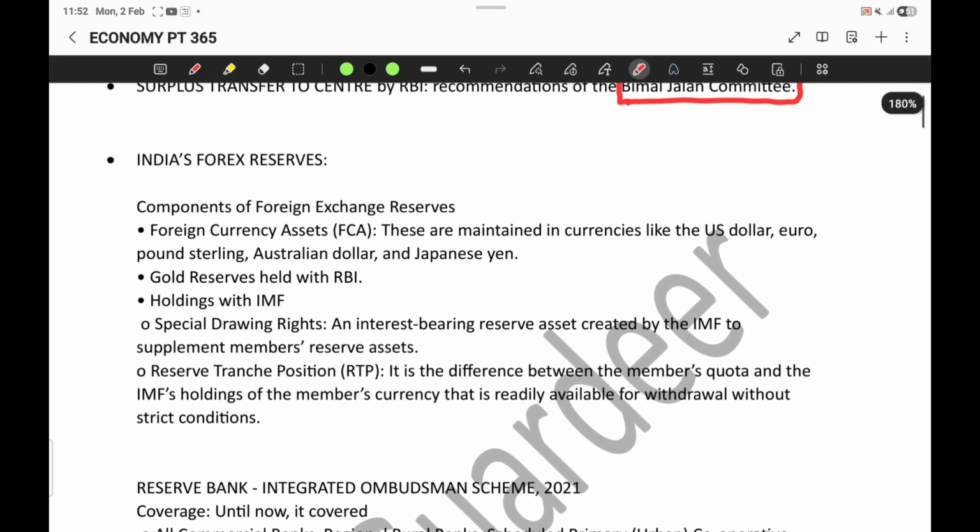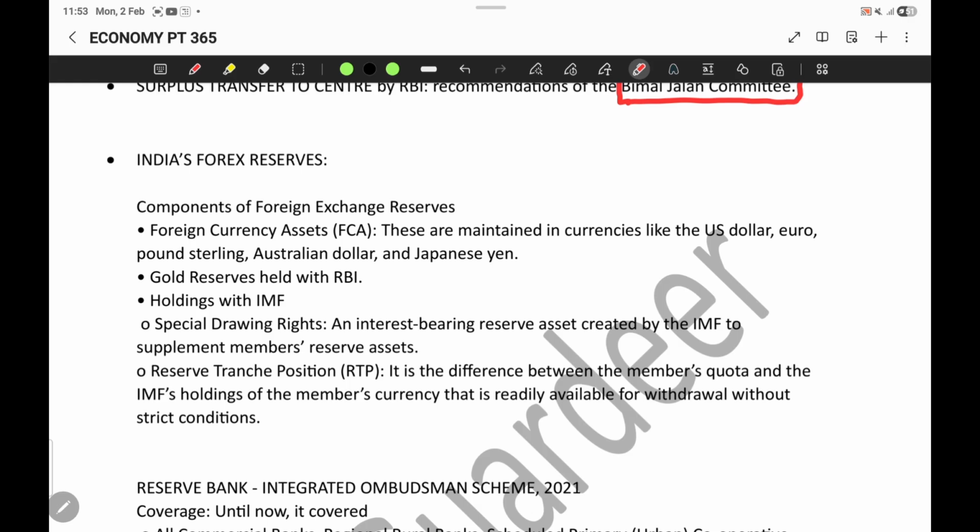Next is the Indian Forex Reserve. In that, we have seen the components of foreign exchange reserve, which is maintained by the RBI. The first component is foreign currency assets. These are maintained in currencies like the US dollar, which is the most powerful currency, then the euro, pound sterling, Australian dollar and Japanese yen.